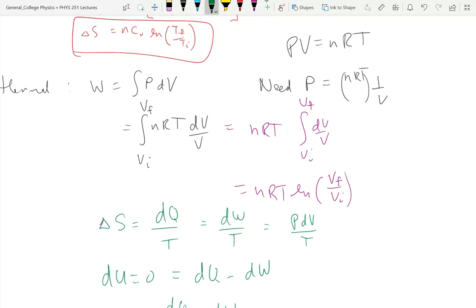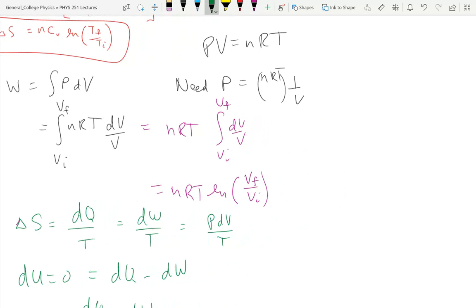And then since we already just did the substitution that P is nRT over V, notice my T's are now going to cancel. And so dS, I should have put dS instead of delta S. dS is equal to nR dV over V. Well, now we can do this integral like snap.